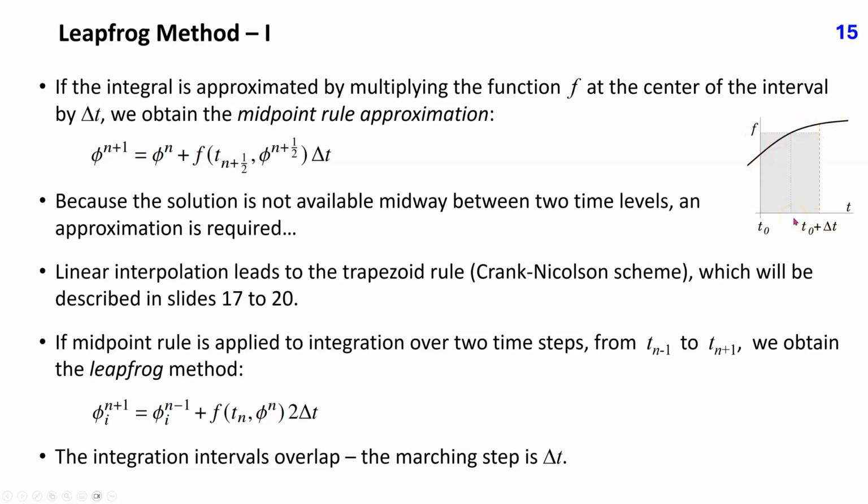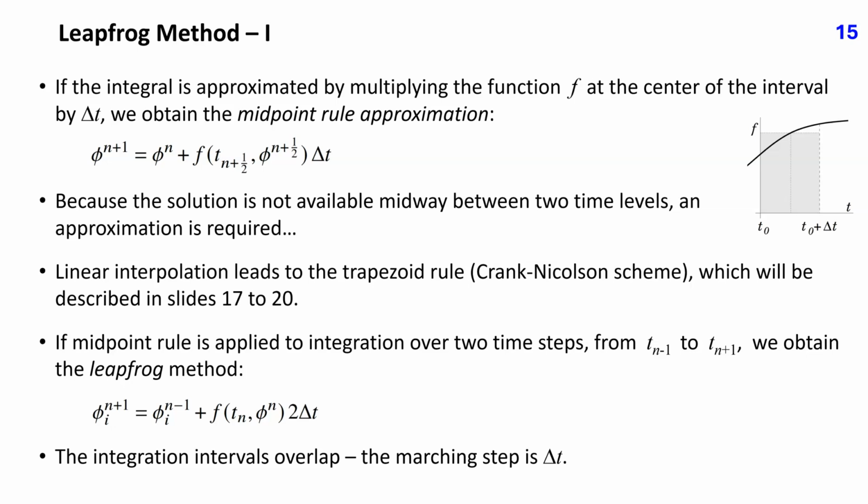Because the solution is not available midway between the two time levels, an approximation is required to compute the function f at the midpoint. If we use linear interpolation between values of f at the two ends of the interval, we convert midpoint rule to trapezoid rule. This leads to the Crank-Nicolson scheme, which is described in slides 17 to 20.